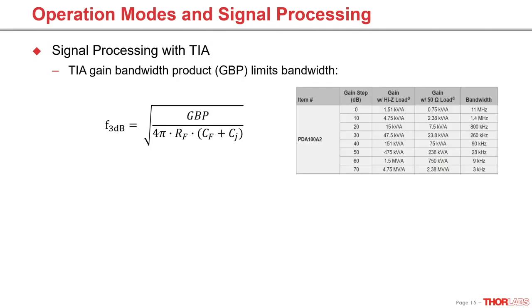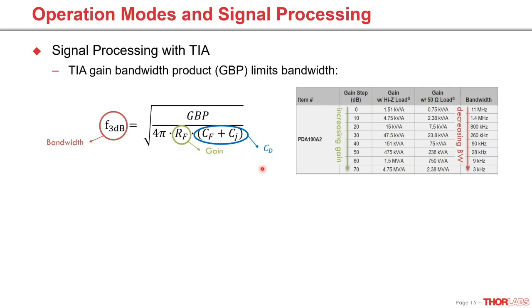When looking at the specifications of one of the Thorlabs PDA amplified photodiodes, you can see that the higher the gain, the lower the bandwidth, and therefore the slower the response. The gain of the detector is dependent on the feedback resistor of the transimpedance amplifier.